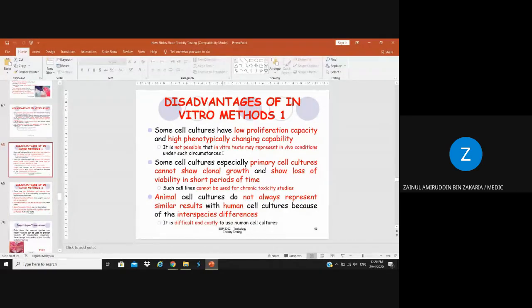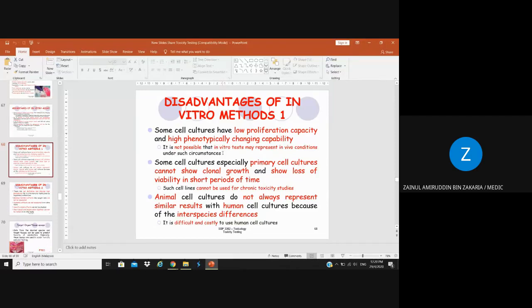That's why when you choose a cell, you need to refer to previous literature, do a literature review and so on, to see which type of cell is better. For example, as I showed in the earlier slide, for colon cancer you have HT29, HCT116, CACO2. Which one is the best?